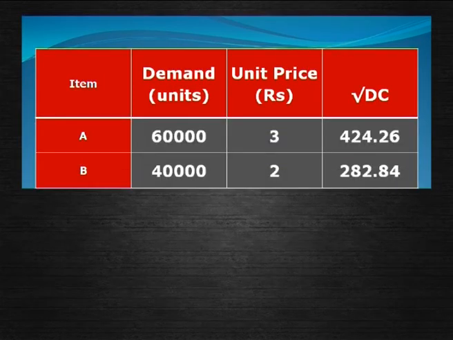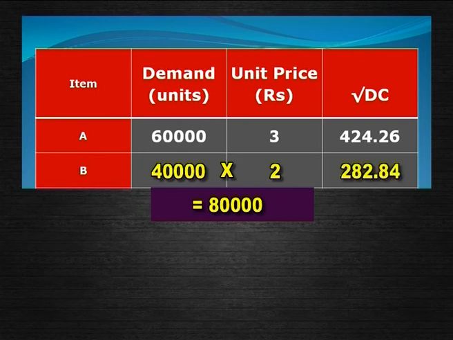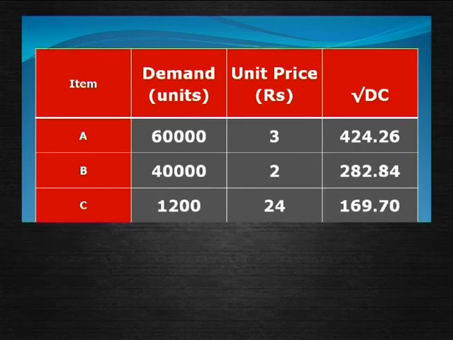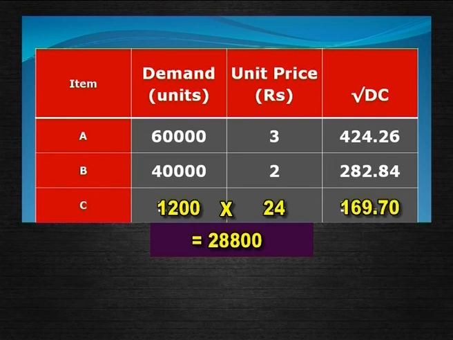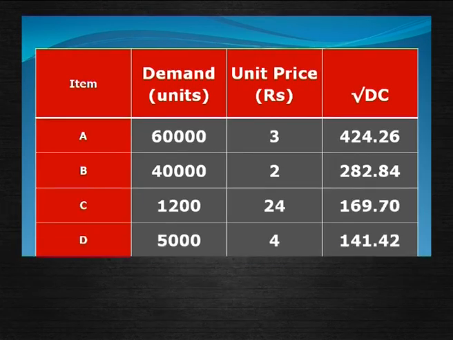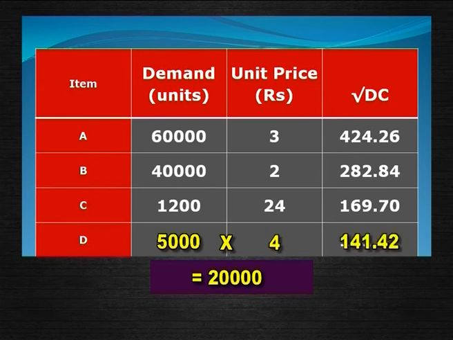For item B, we will get 40,000 into 2 is equal to 80,000, whose square root is equal to 282.84. For item C, we have 1,200 into 24, which is equal to 28,800, whose square root is equal to 169.70. For item D, we get 5,000 into 4 is equal to 20,000, whose square root is equal to 141.42.